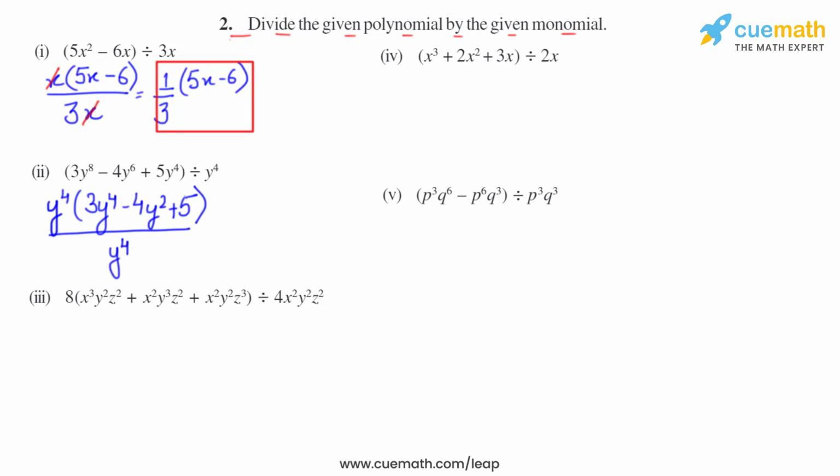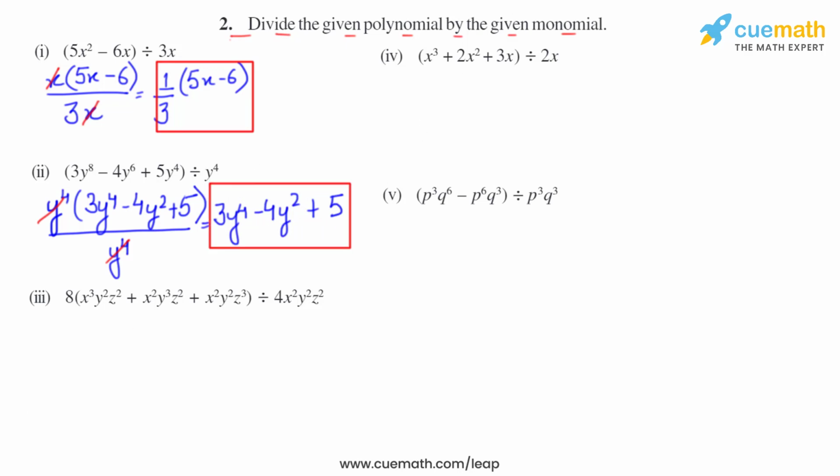So y raised to the power 4 gets cancelled. So we are left with only 3y raised to the power 4 minus 4y square plus 5. This is the answer for the second part.